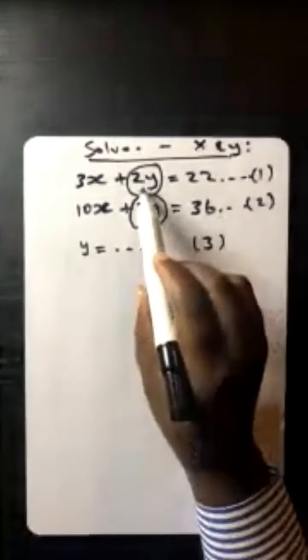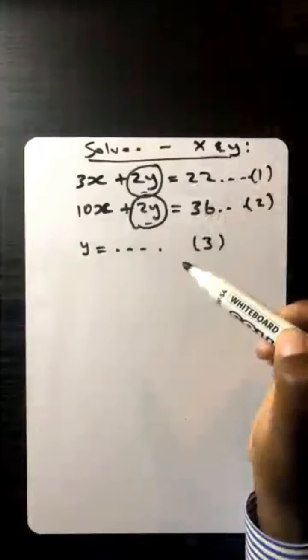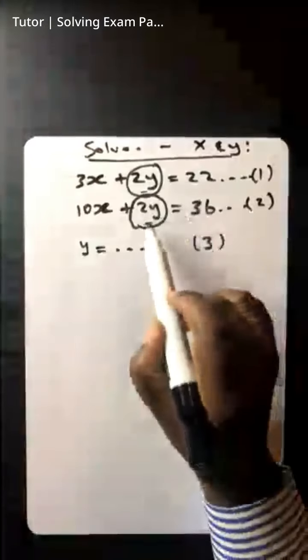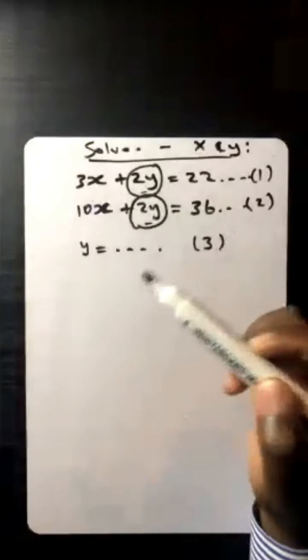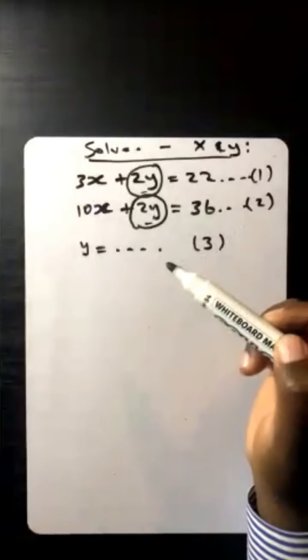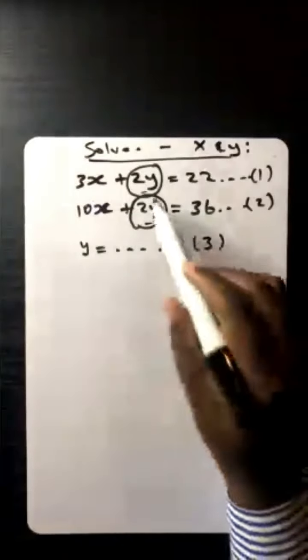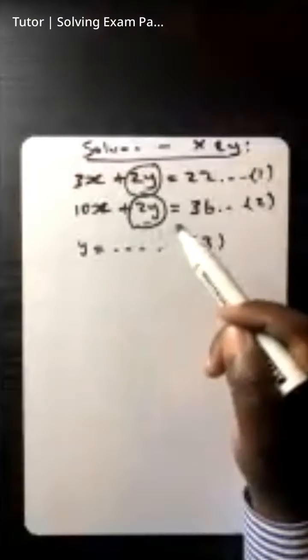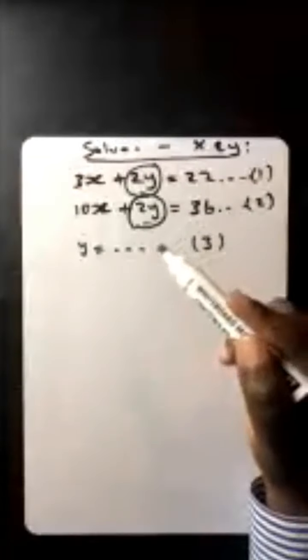Because you've got a common factor, you can use the elimination method. But if you did not have a common factor, you could have used the substitution method, which is the method we did yesterday.